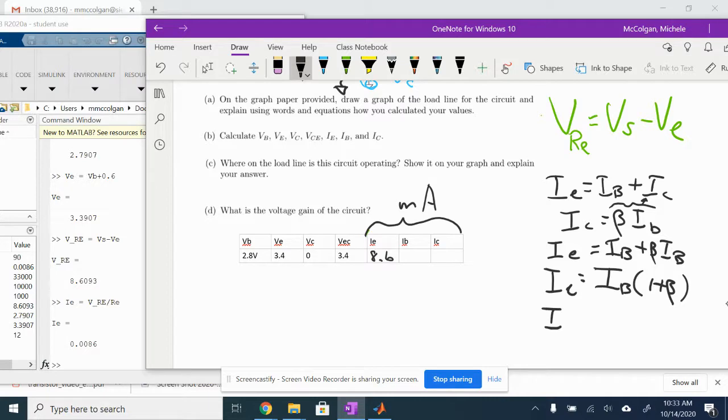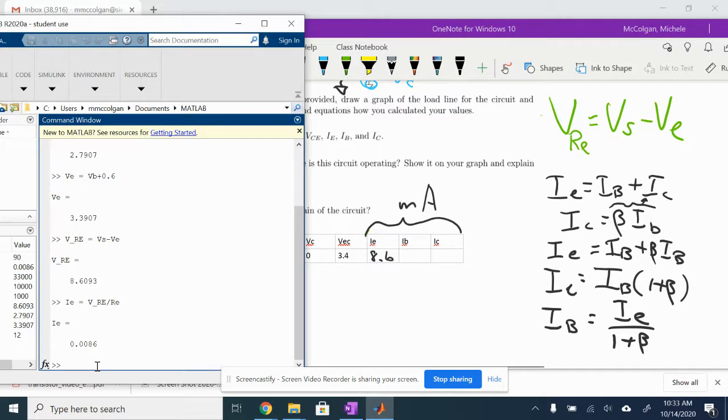And I get IB is equal to IE over 1 plus beta. I can calculate that over here in Matlab. So IB is equal to IE divided by 1 plus beta.